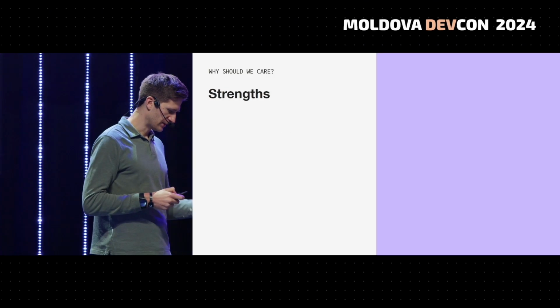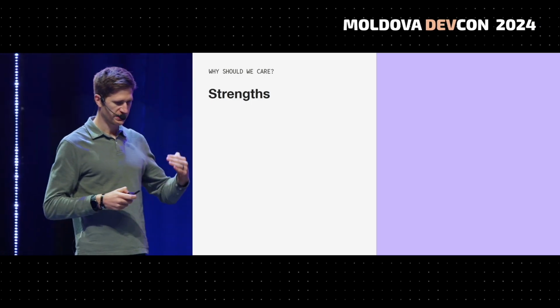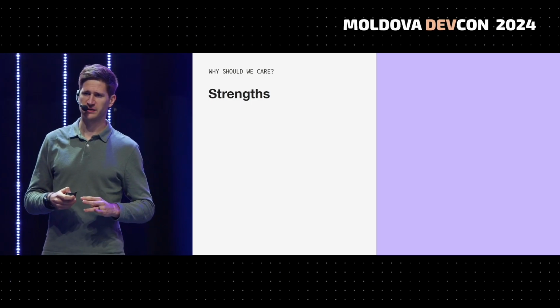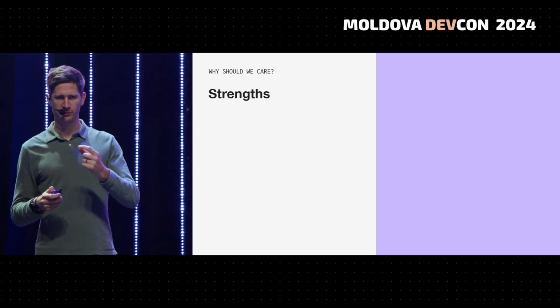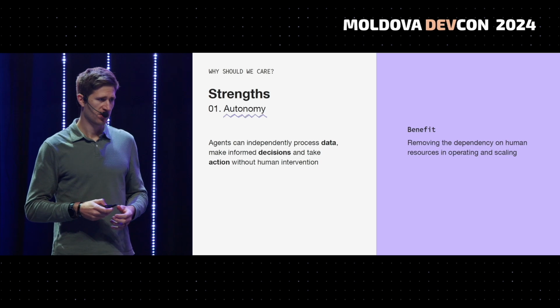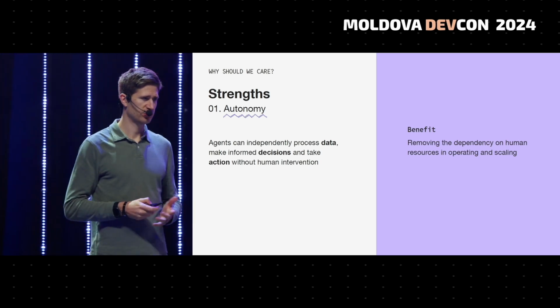Now, there's a lot of strengths we can define and put down, but there's 4 that I briefly want to touch on to try and show you what we concretely get out of this new paradigm that we follow. The first one is autonomy.